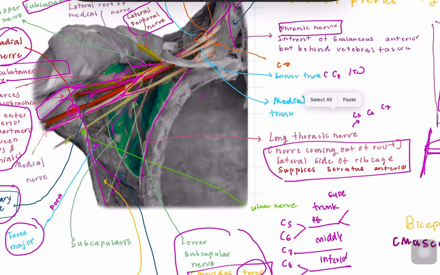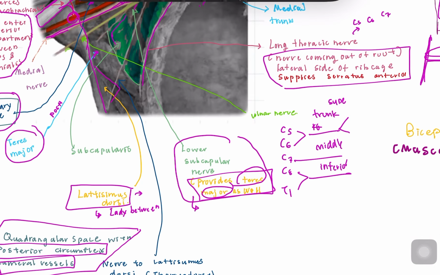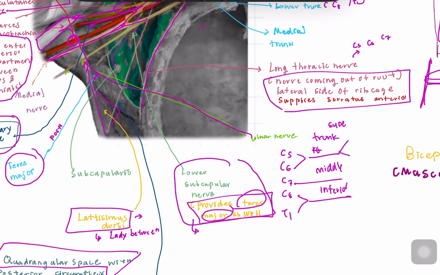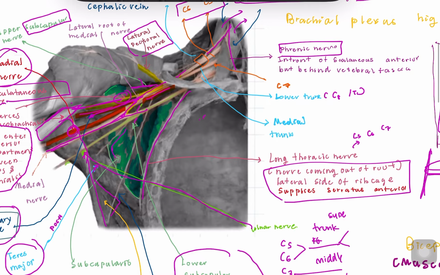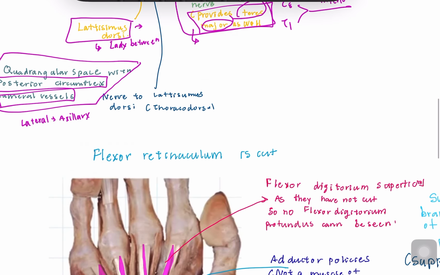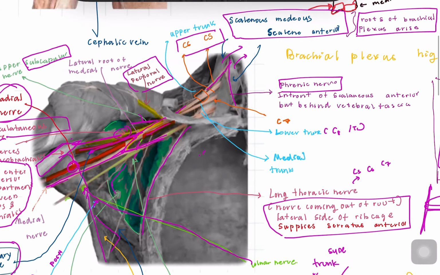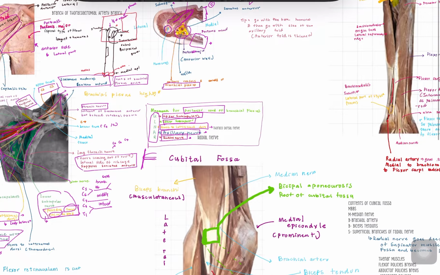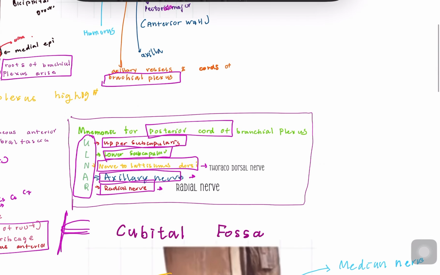And then from the medial cord, the ulnar nerve, and the medial root of the median nerve. So the medial root of the median nerve comes from the medial cord. And then you can remember this.